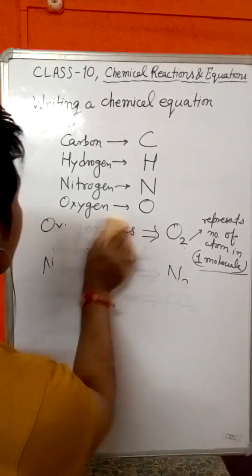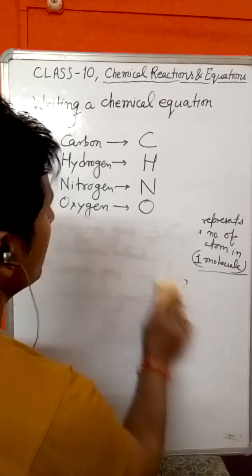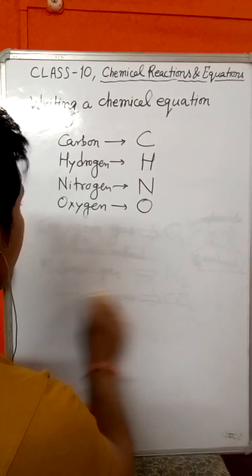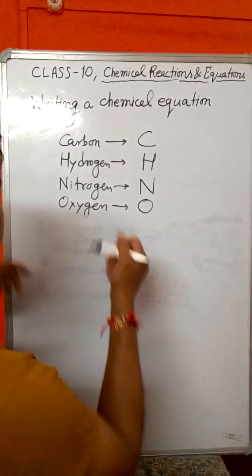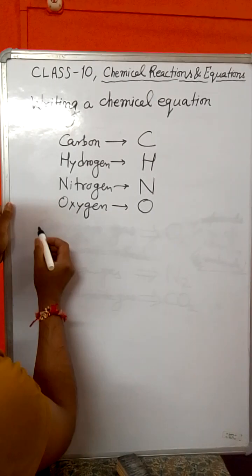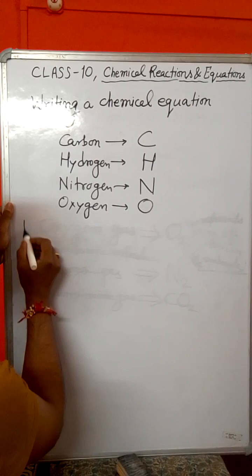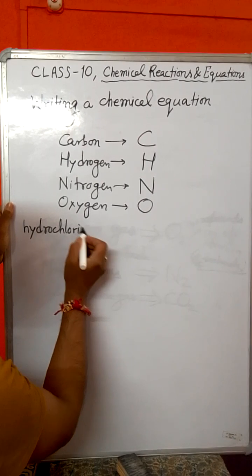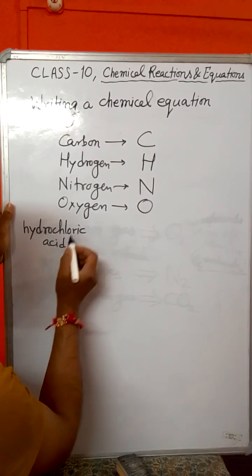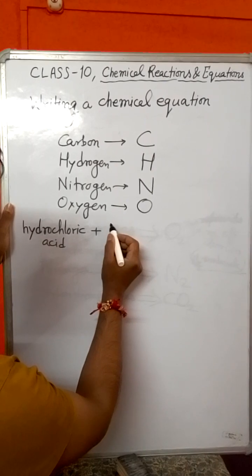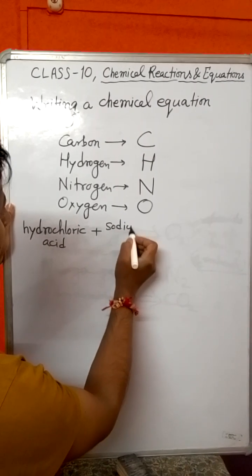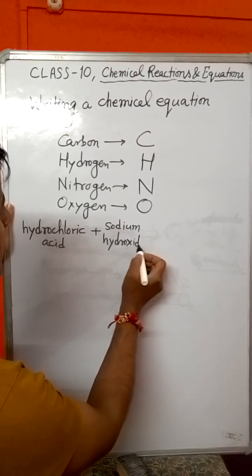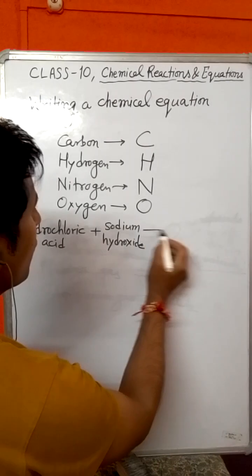Now for example, let's suppose we have to write the chemical equation of, let's take an example, hydrochloric acid, when it is treated with sodium hydroxide, then what is formed?